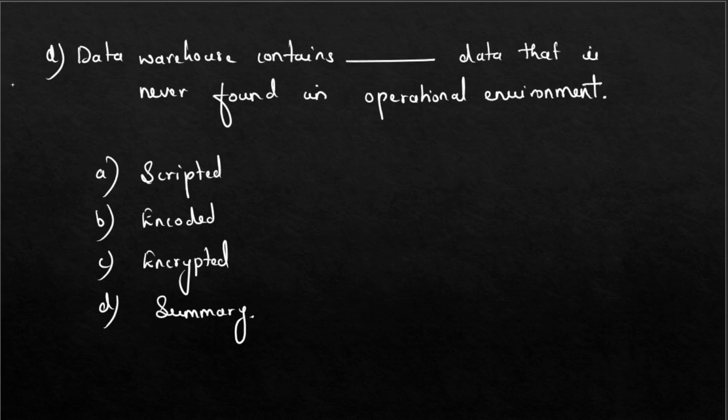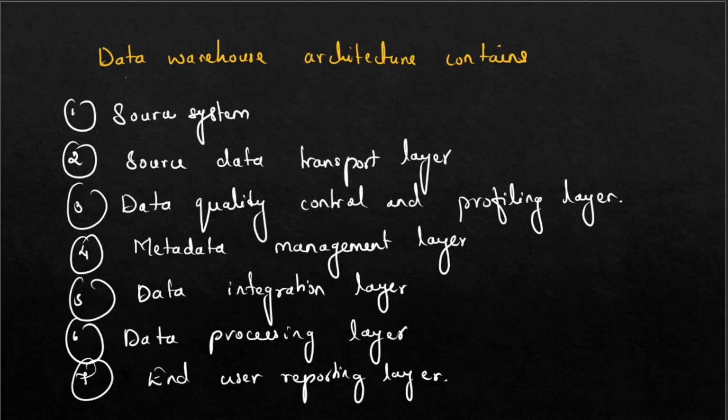So the correct answer here is D, summary. It is the correct answer. But the additional things I have told you as well, so that there should not be any problem.